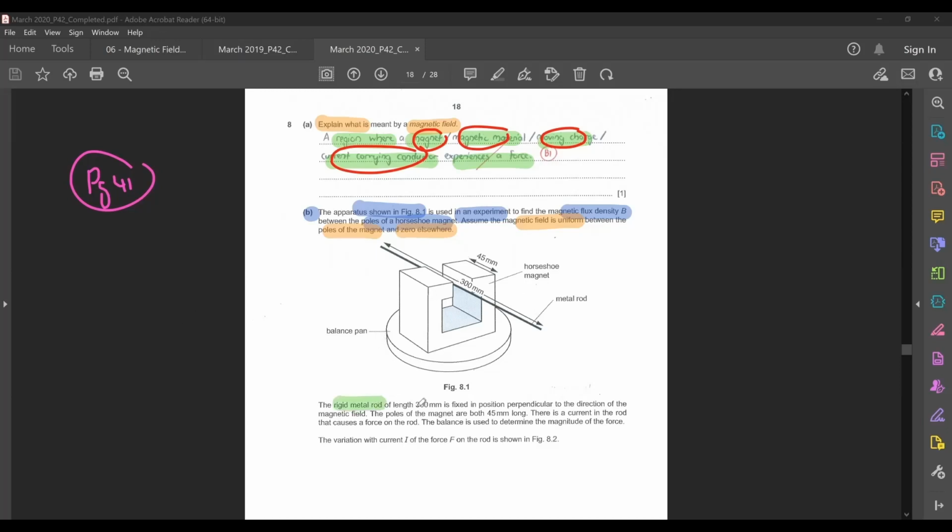The rigid metal rod of length 300 mm is fixed in position perpendicular to the direction of the magnetic field. The poles of the magnet are both 45 mm long. There is a current in the rod that causes a force on the rod, and the balance is used to determine the magnitude of the force. The variation with current I of the force F on the rod is shown in figure 8.2 in the next page.